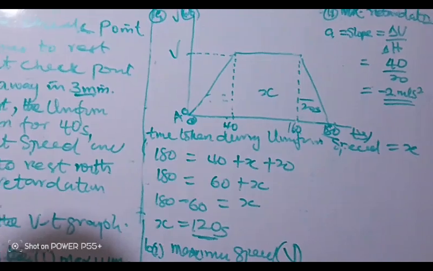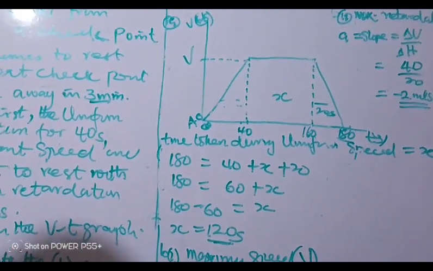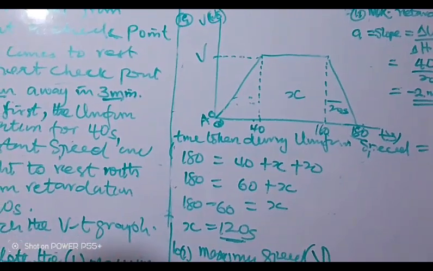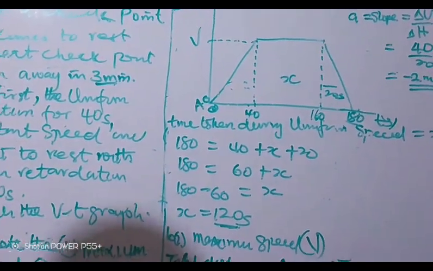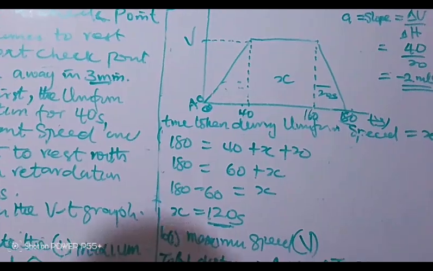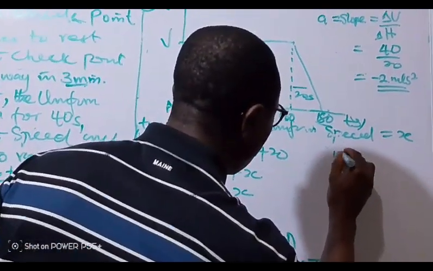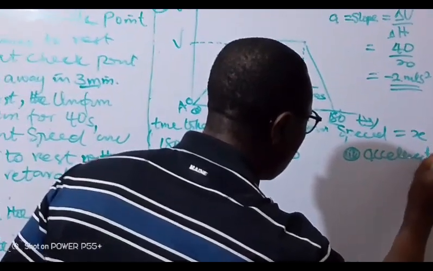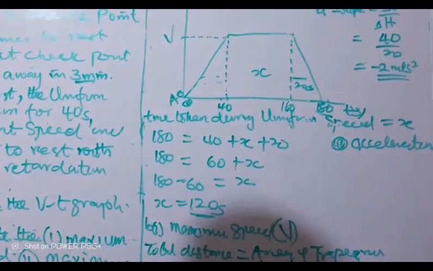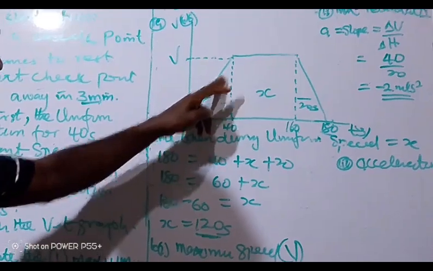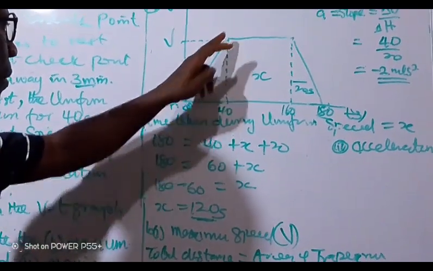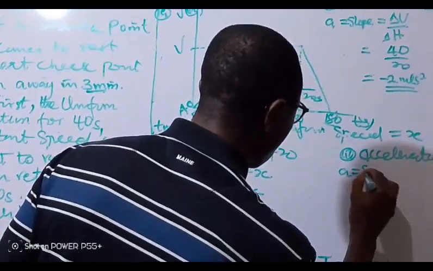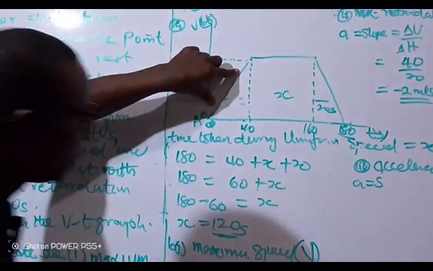And mind you, within this question, we still have to calculate acceleration. Let's add that question now to make it B3, acceleration. So the question can say as such. You look at the region of acceleration, from here to here. a will be equal to the slope under this acceleration region.